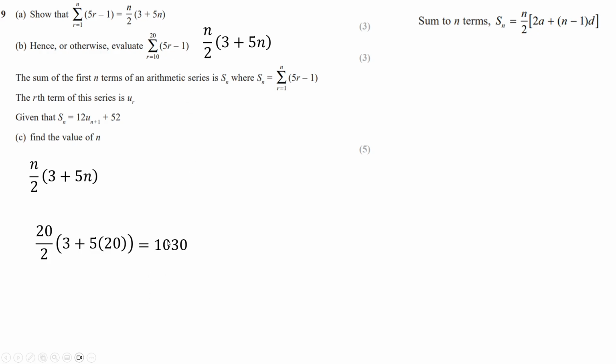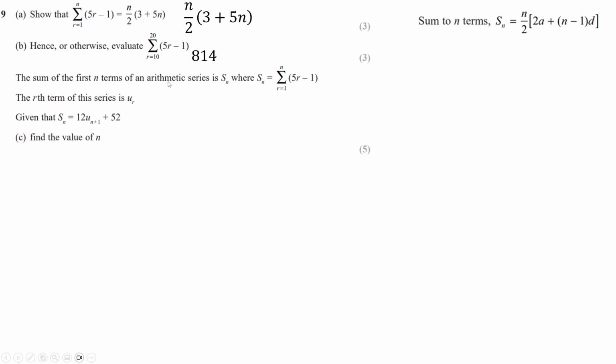So if we find out what the sum is from 1 to 9, which is going to be where n equals 9, so we just plug it into this equation here, and then just expand, you get 216. So if from 1 to 20 is 1030, and then from 1 to 9 is 216, we can say that from 10 to 20 is going to be this minus that. You can stop for a second and just think about it if you need to. Subtract these two, you'll get 814.